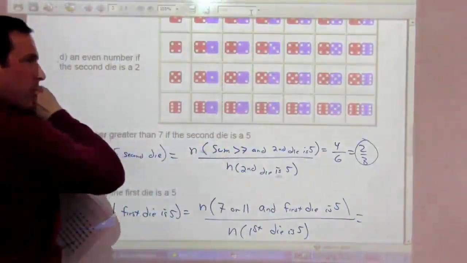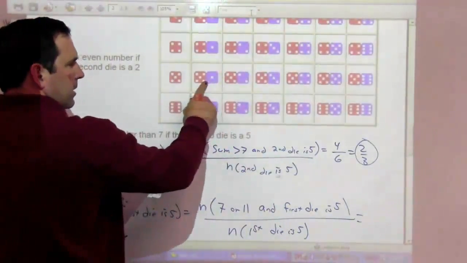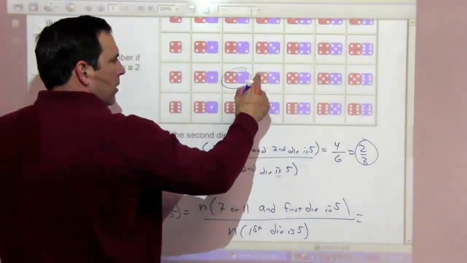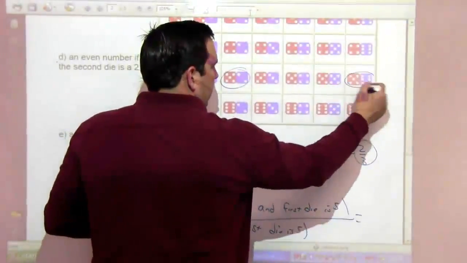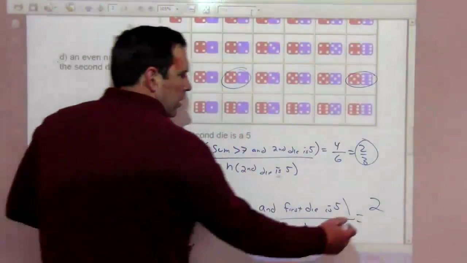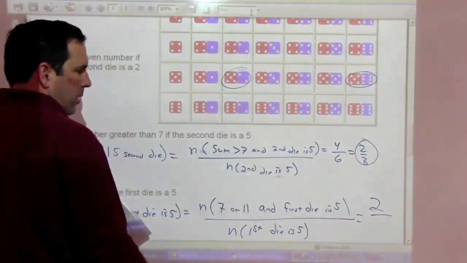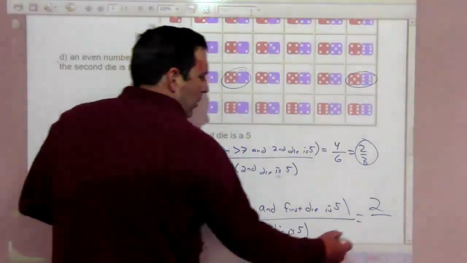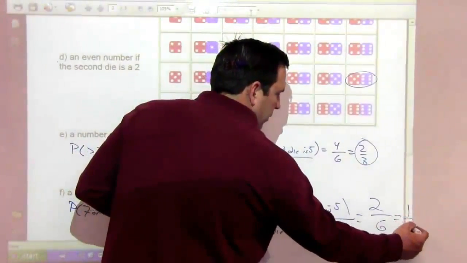Okay, so 7 or 11. That's a 6. Here's a 7. 8, 9, 10. There's an 11. So there are two cases where we get a 7 or 11 divided by the first die being a 5. There are 6 cases. So 1/3.